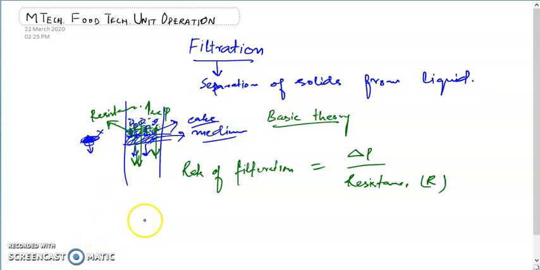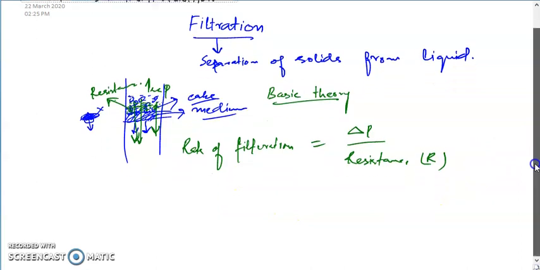This resistance will depend on various factors, and this will be discussed later on.